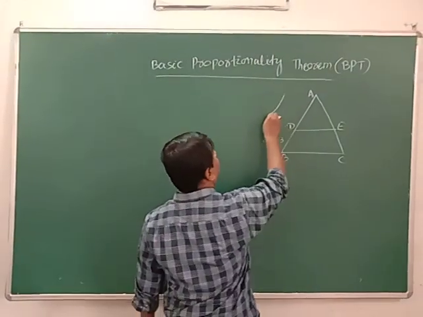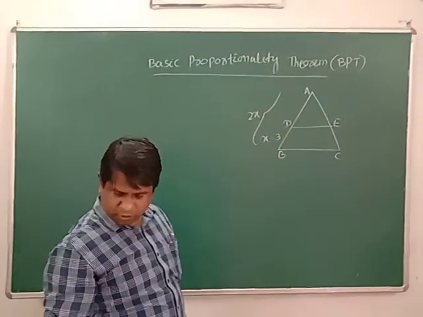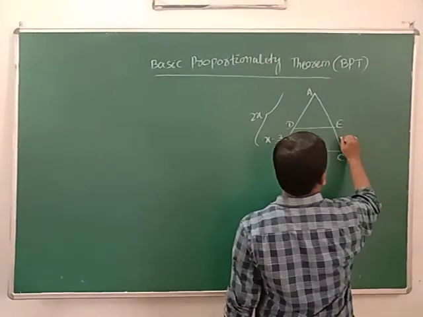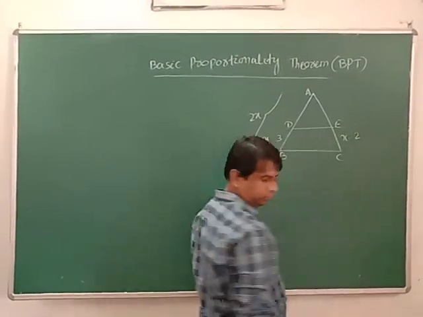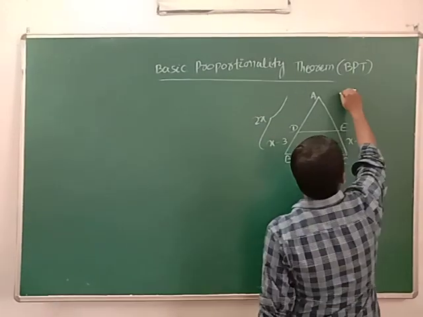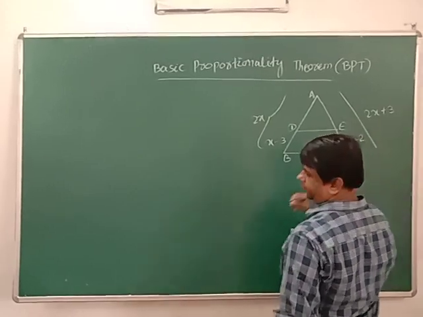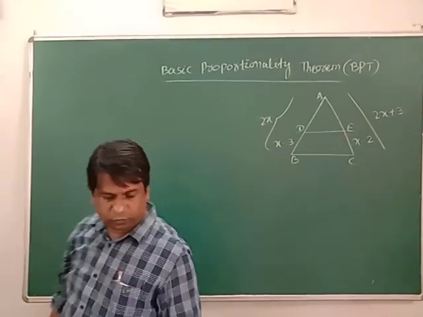AB is equal to 2x. CE is equal to x minus 2 and AC is equal to 2x plus 3. So find the value of x.